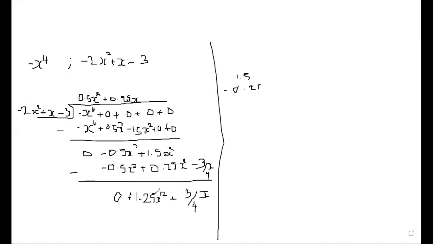When this goes into this guy, 1.25 over 2. Getting slow with this small math, right? 1.25 divided by negative 2. What do we get?